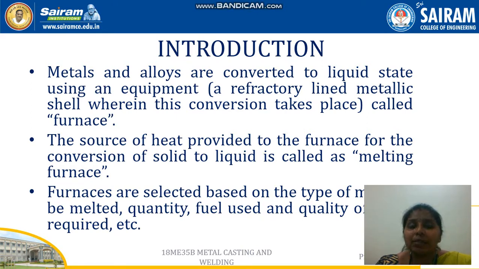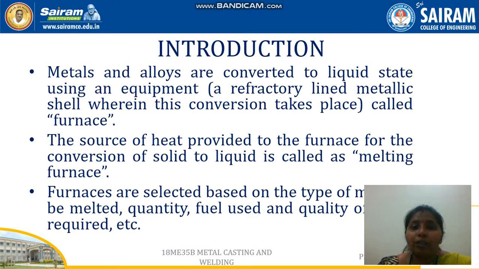The metals and alloys are converted into a liquid state using this equipment called a furnace, which is lined with a refractory material, in the place where the conversion takes place. The source of heat is provided to the furnace for the conversion of solid to liquid, and it is called a melting furnace. Furnaces are selected based on the type of metal to be melted, quantity, fuel used and quality of the metal required.